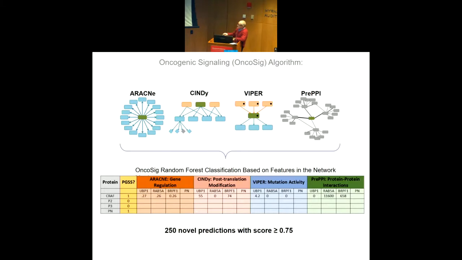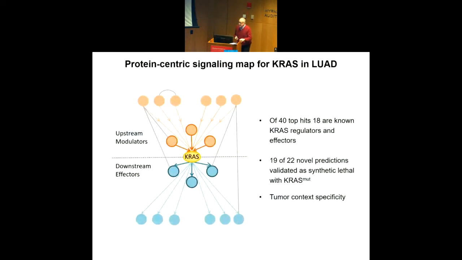Let's say this central protein is KRAS. We have a gold standard set taken from known KRAS pathways, and we train our system. We get predictions from the random forest algorithm. And when we're through, what we have here is what we call a protein-centric signaling map, in this case for KRAS in lung adenocarcinoma.